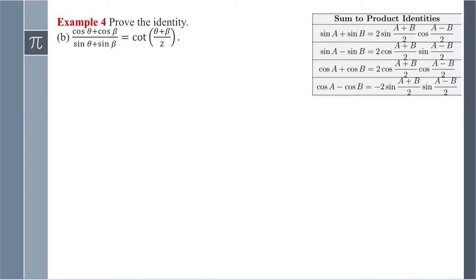Let's look at one more proof. So here again we are going to use sum to product formula. So the left hand side equals cosine theta plus cosine beta divided by sine theta plus sine beta.